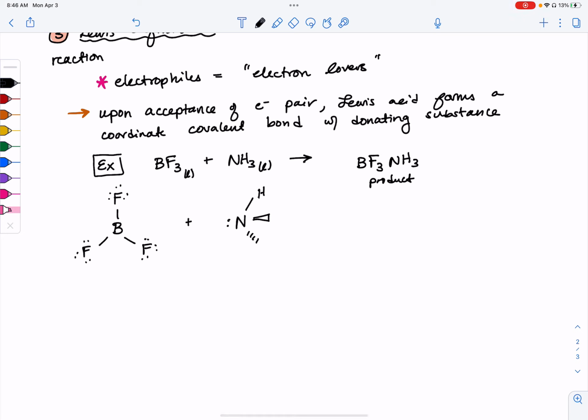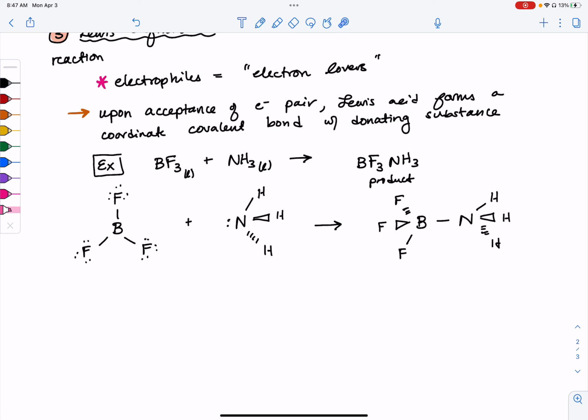I'm just drawing it on its side, like so. And then the product that we form is going to look like this. We are going to have now local trigonal pyramidal geometries around both our boron and our nitrogen.